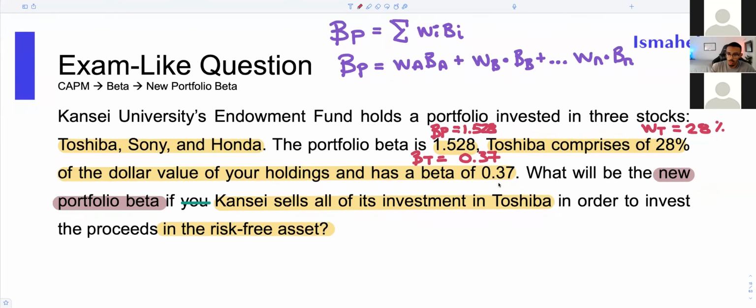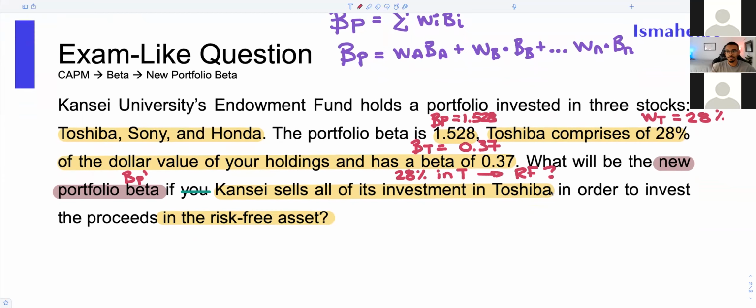Now we're asking what would be beta prime, the beta of the portfolio prime, if we decide to sell 28% of our portfolio in Toshiba to invest in the risk-free? What would happen then? It seems weird because it didn't give us the beta of the risk-free.